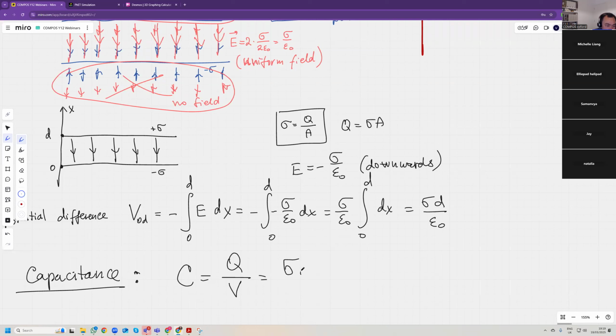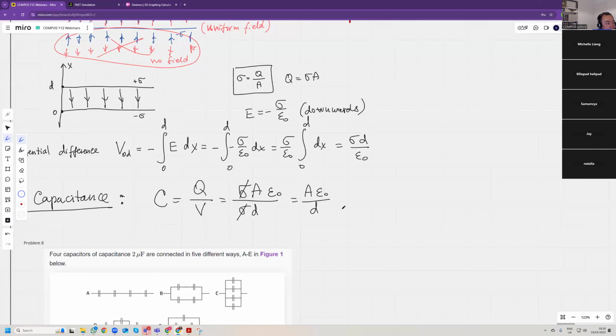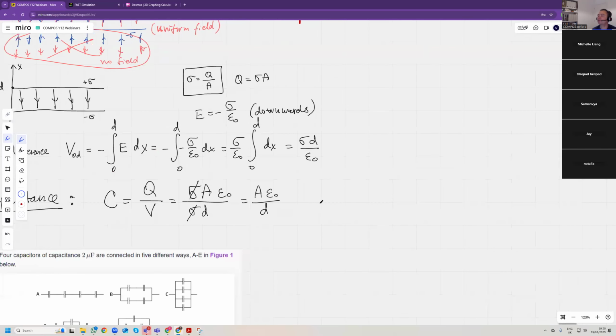So it's sigma times the area of the plates divided by sigma D over epsilon naught. Sigma cancels, and the capacitance of a capacitor is A epsilon 0 divided by D. This is the capacitance of a flat capacitor.